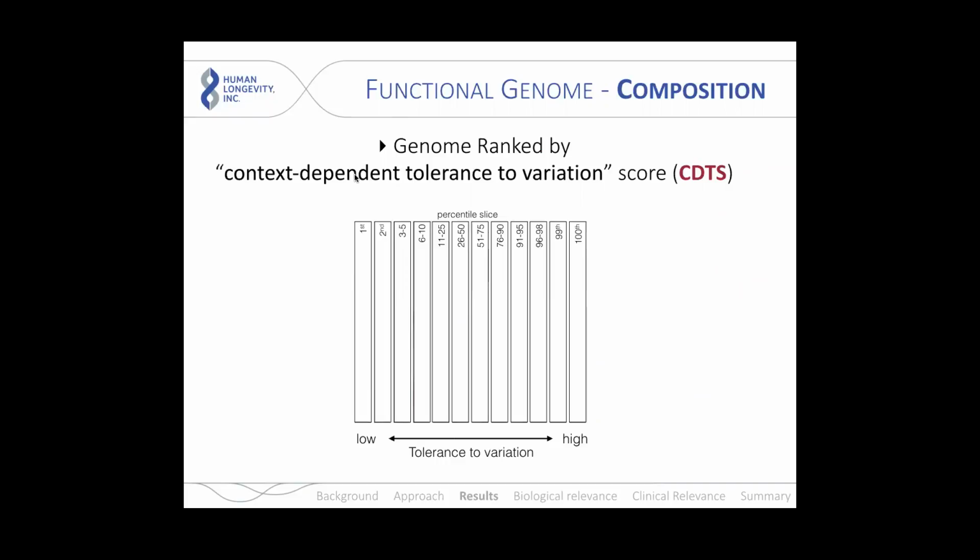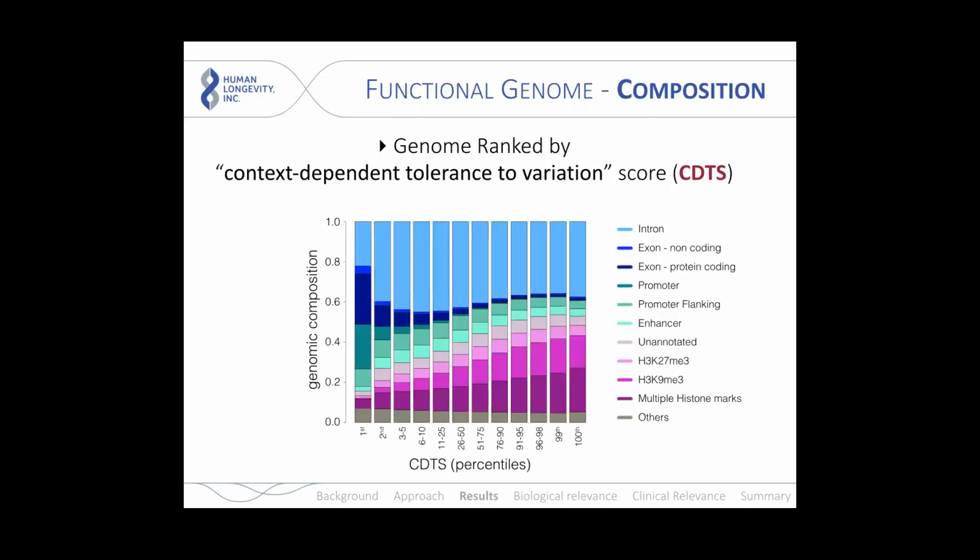Okay, so because we have used so far no a priori knowledge at all and no annotation to establish this metric, we wanted to see how it matches known genomic annotation. So we looked at the composition of those different regions. And this is what we see.